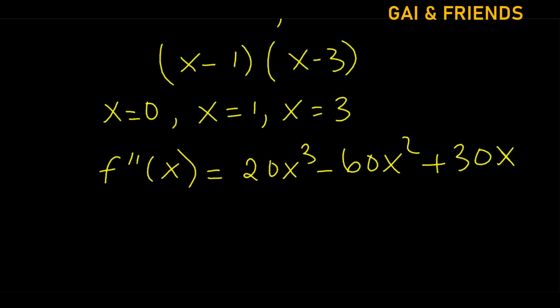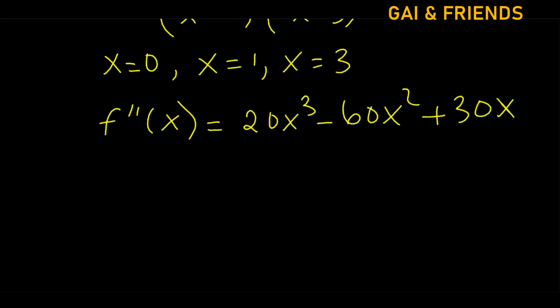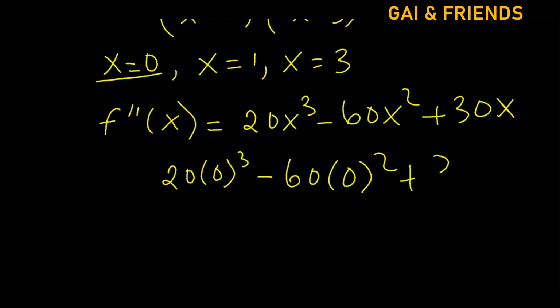Alright, now let's start with 0. Let's plug in 0 here, because x is equal to 0. It's going to be 20 times 0 raised to the power 3 minus 60 times 0 raised to the power 2 plus 30 times 0. All of this reduces to 0.